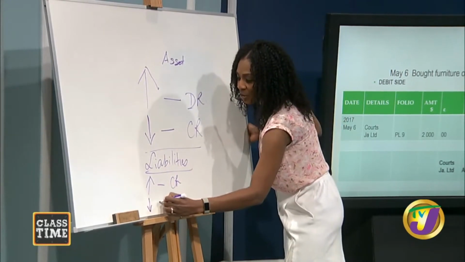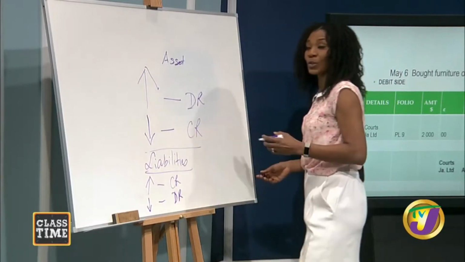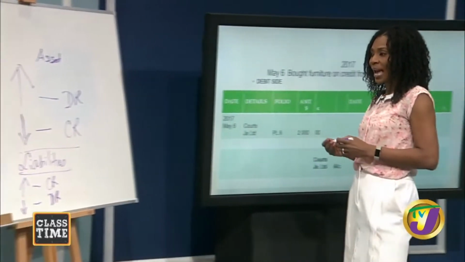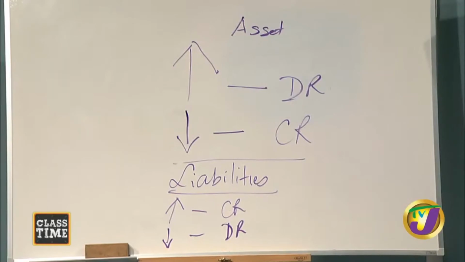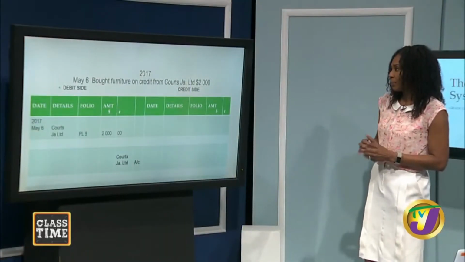And whenever there's a decrease in liabilities, we will debit. That's also opposite to assets. I should tell you that both liabilities and capital, as you will see later, share the same double entry principle. So let's zero in on this one.